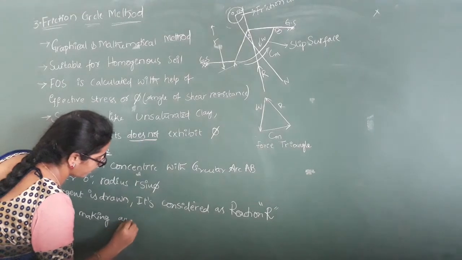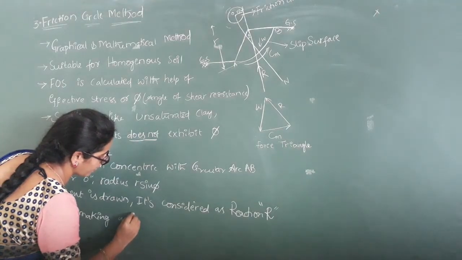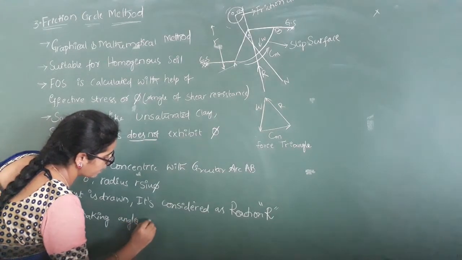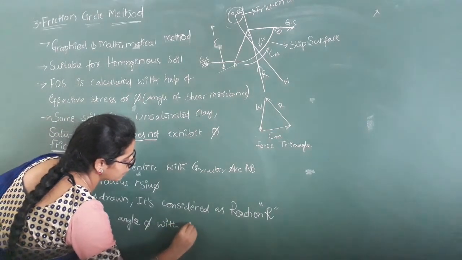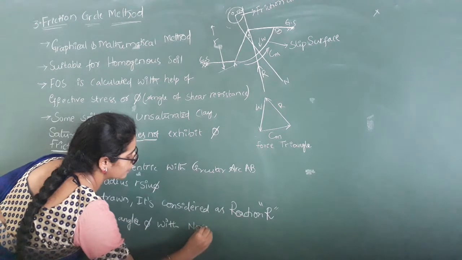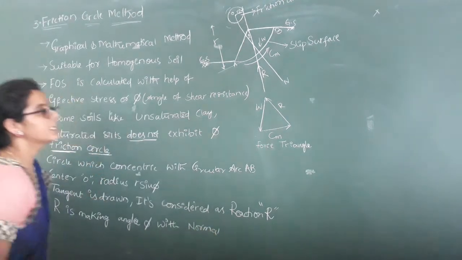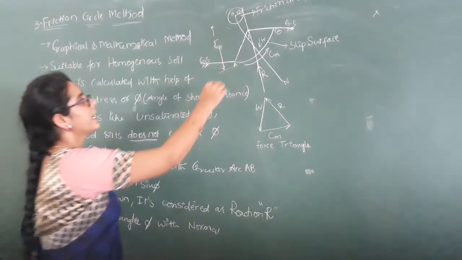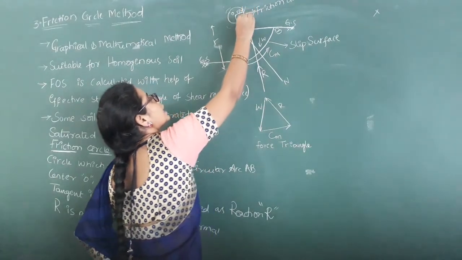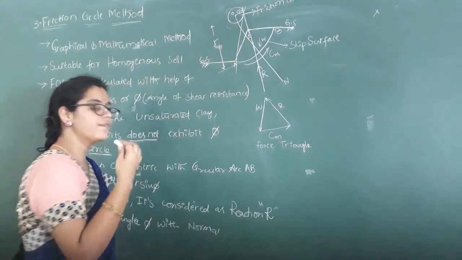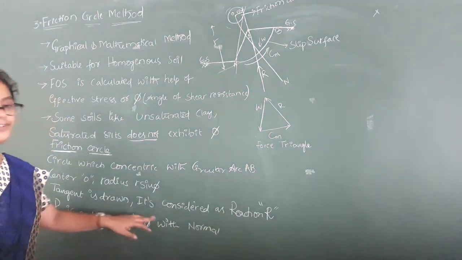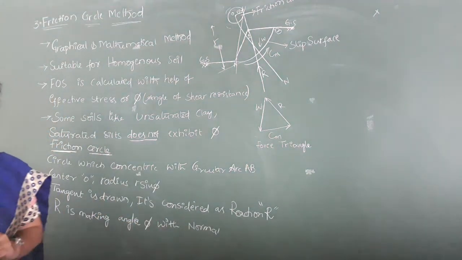In this method we can draw n number of tangents to the friction circle, and every tangent makes the angle phi with the normal.